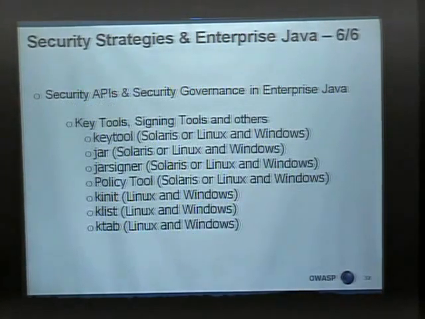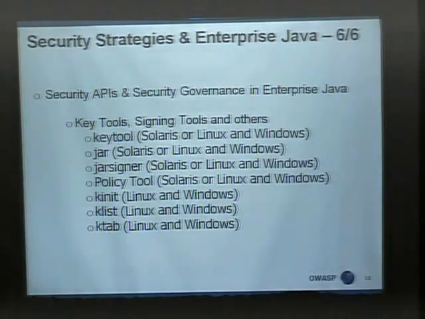Finally, the vendor of Java EE is also going to provide you with a host of tools that will help you do quite a bit of what is required by the payment credit card industry. That includes keytool, jarsigner, policytool, and so on and so forth.